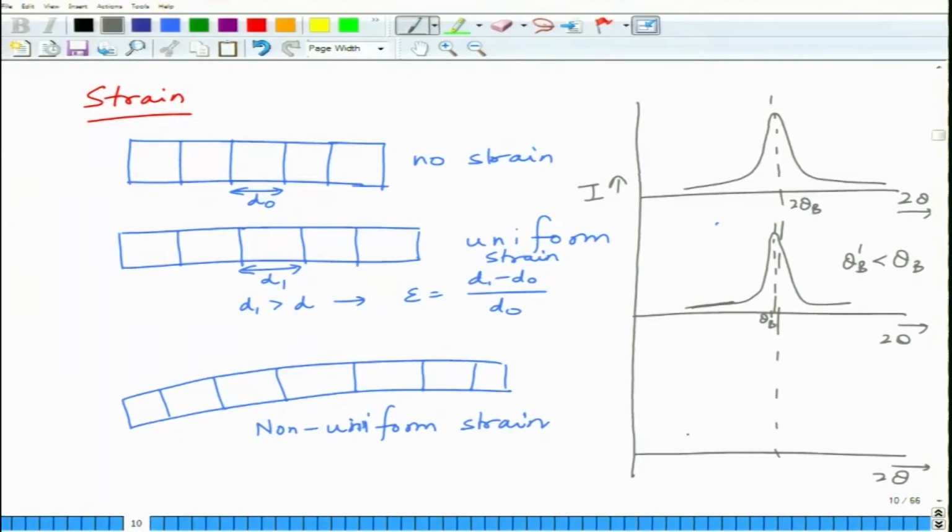So, what it means is that non-uniform strain will lead to more broadening.